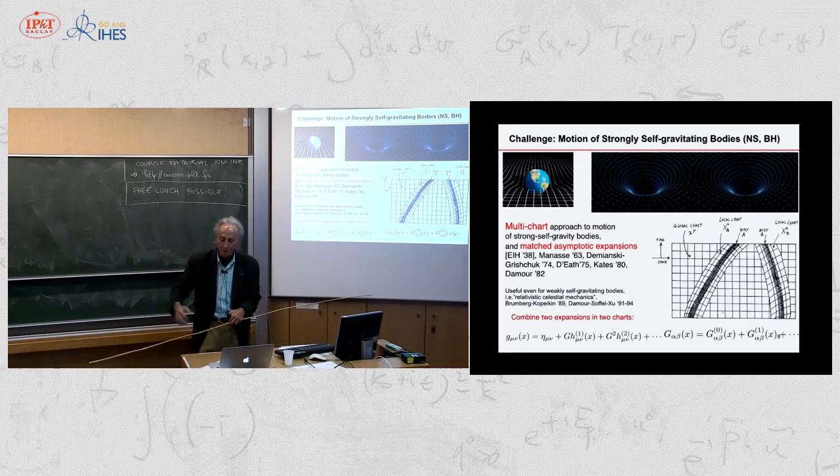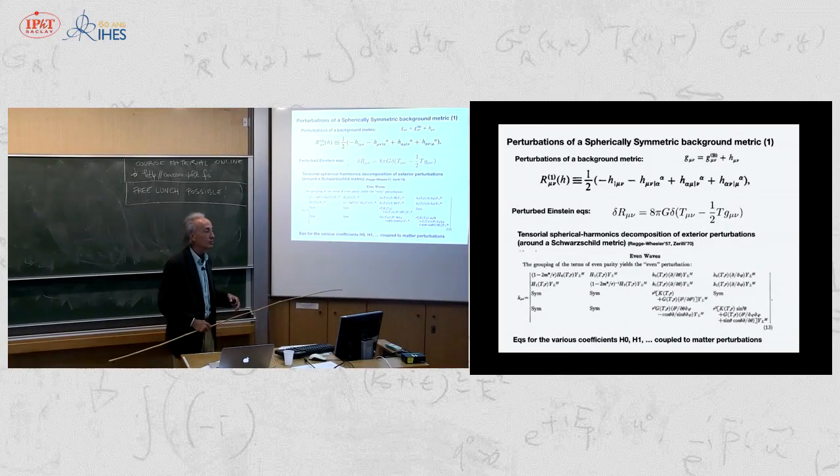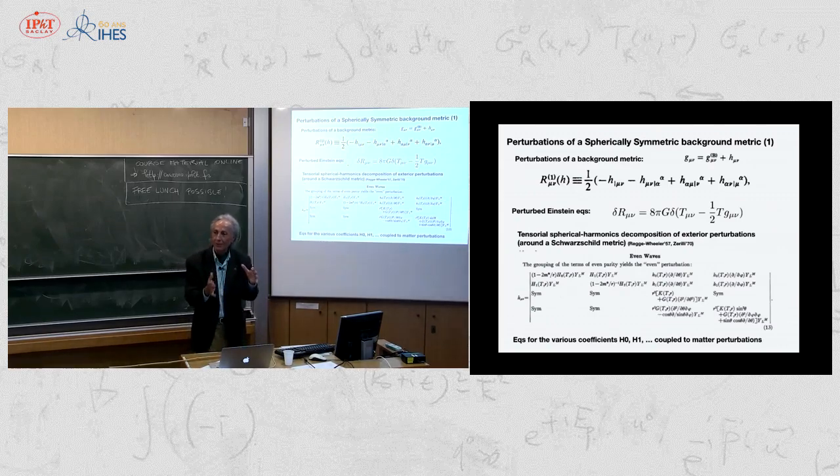So it's a different perturbation theory. And the point is then you want to match the two things. You want to combine these two expansions to get information about the motion of two neutron stars or two black holes. Let me very briefly, as this is a course, describe how it is done. To do that, I need to set up the perturbation theory of, let's say, in the simplest case, a spherically symmetric neutron star.